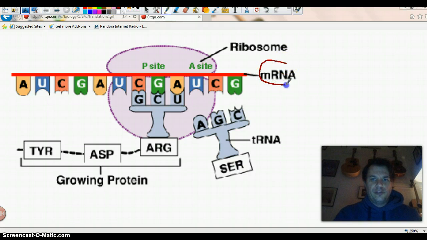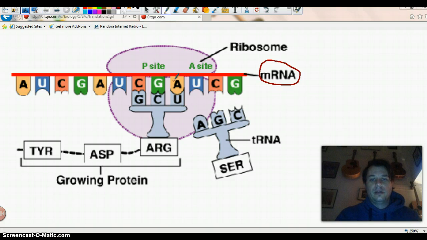This mRNA strand is what has resulted from the first step, which is transcription. It is heading out of the nucleus into the cytoplasm, and you can see here that this mRNA strand is now in the cytoplasm, and it will head for a ribosome.